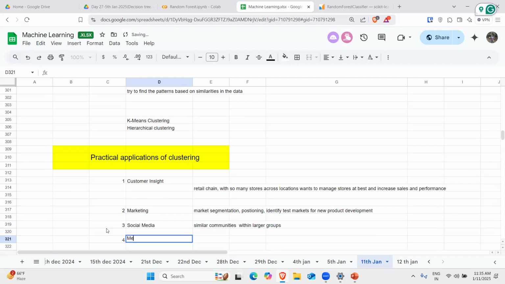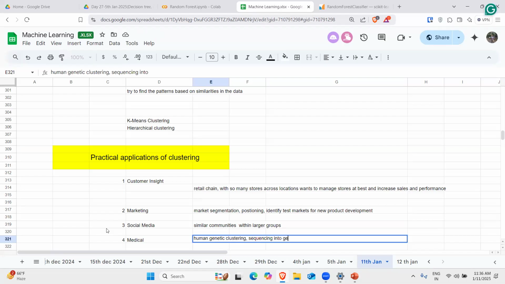Then you can have the medical segment, where it helps us understand fields like human genetics, human genetic clustering, or sequencing your data into gene families.